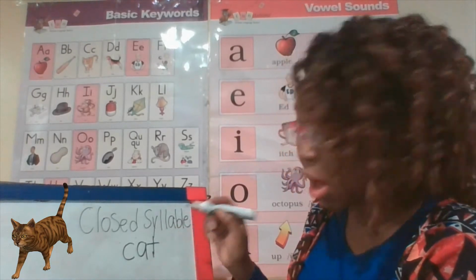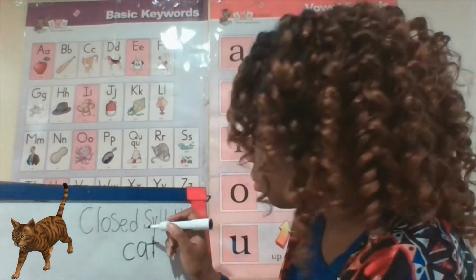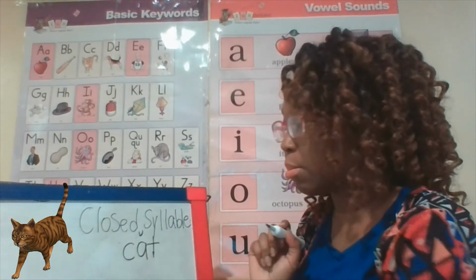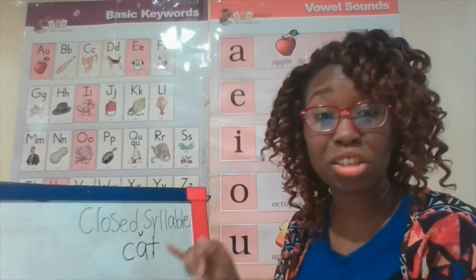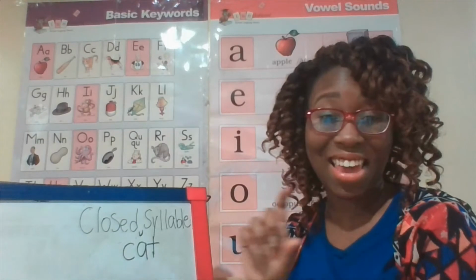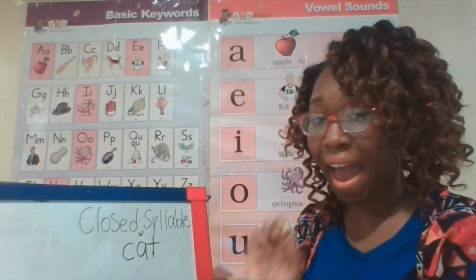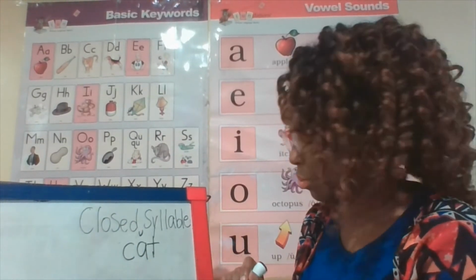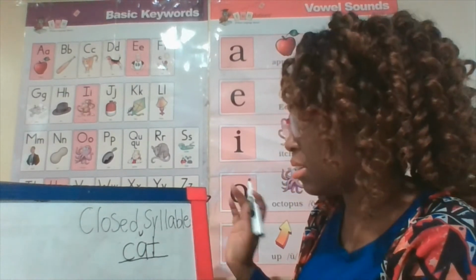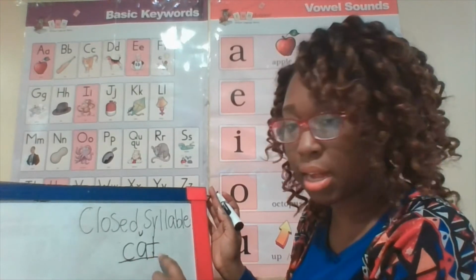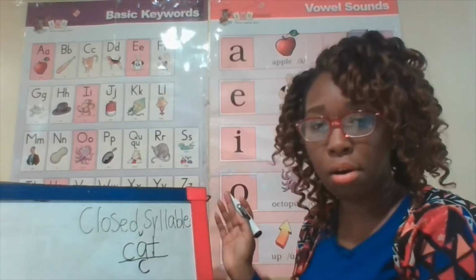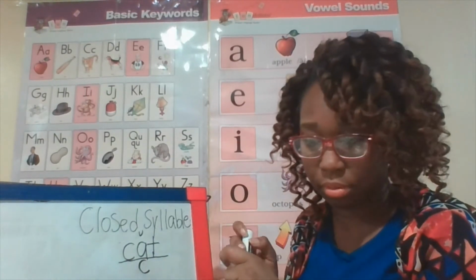So there's the vowel, and remember the symbol that we use for the vowel, it looks like a little baby U. So that's the symbol to show that it's a short A. So cat. We don't say Kate, we say cat. So it's a short A. And I'm going to put a line underneath it because I see it's surrounded by two consonants, and I'm going to put a C. And that C lets me know that, oh, this word has a closed syllable.